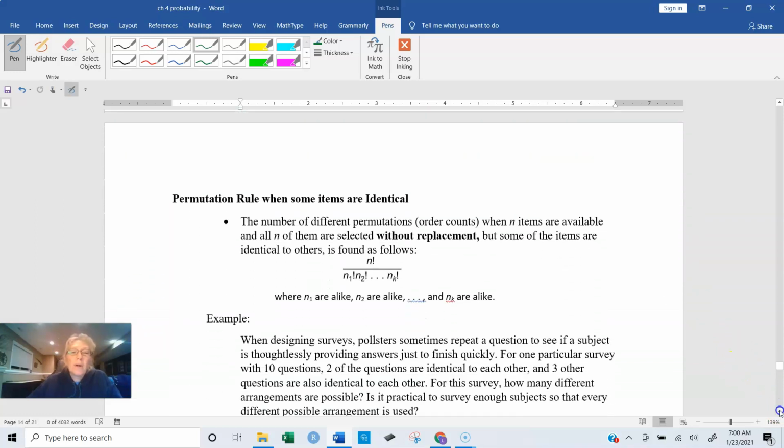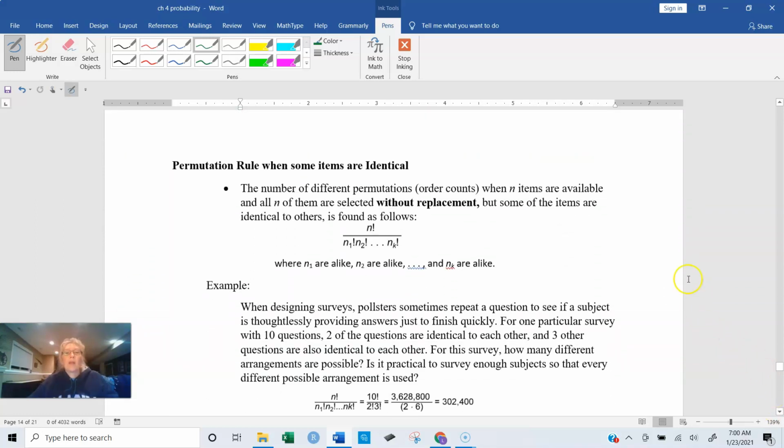Okay, next. Now, this is a little different. Above, everything was separate. Once in a while, you have identical things that can happen, right? So the number of different permutations of n are available if all n of them are selected without replacement. So I'm going to pick them, I don't put them back. Some of the items are identical to others.